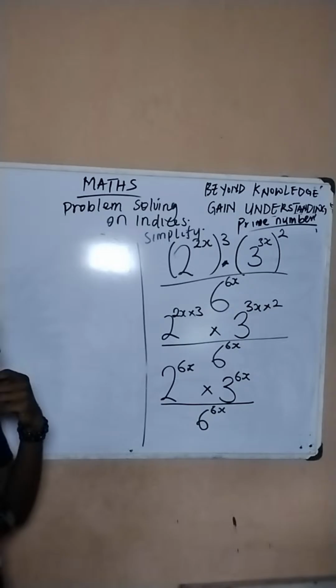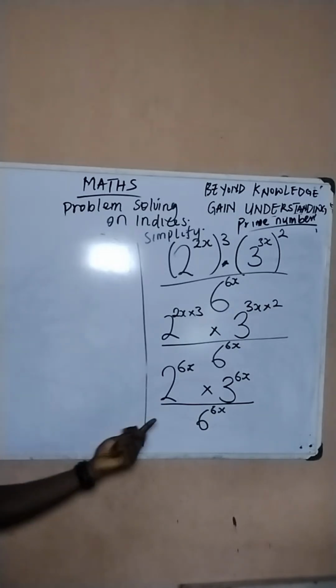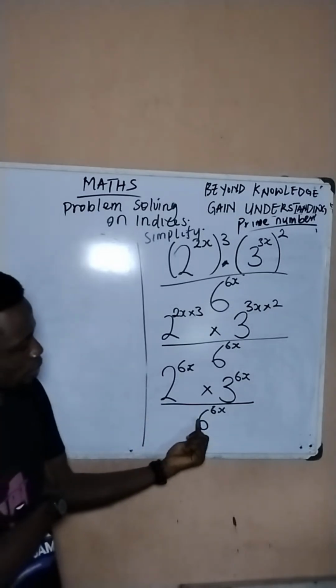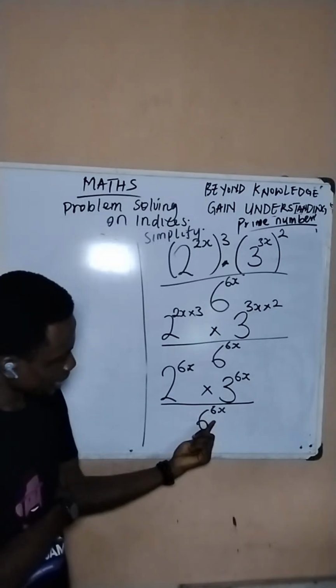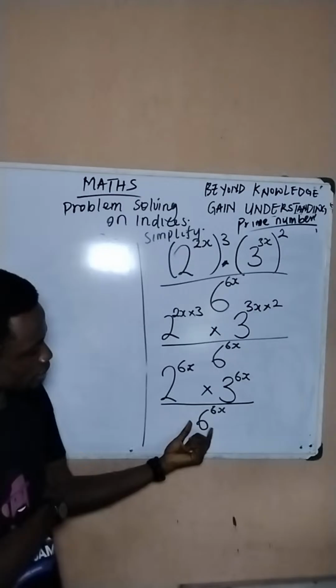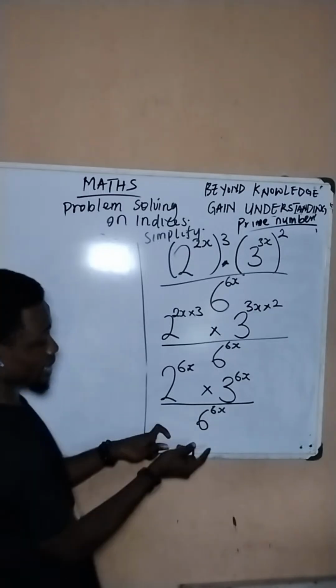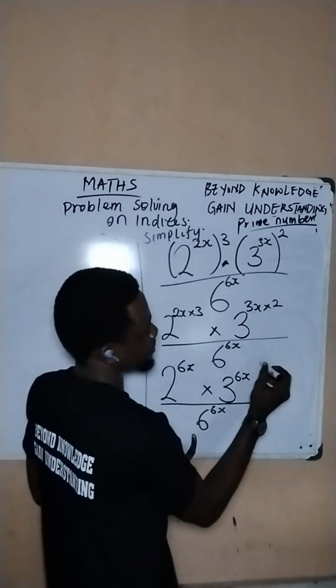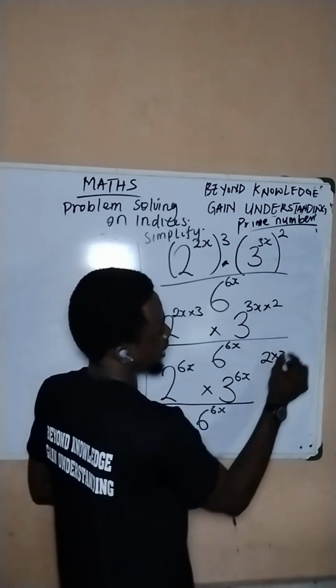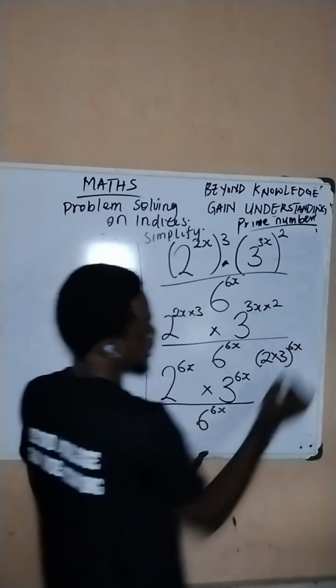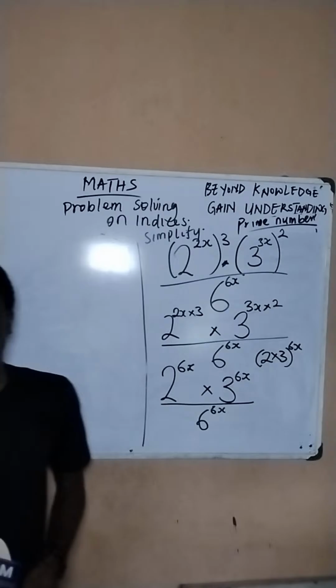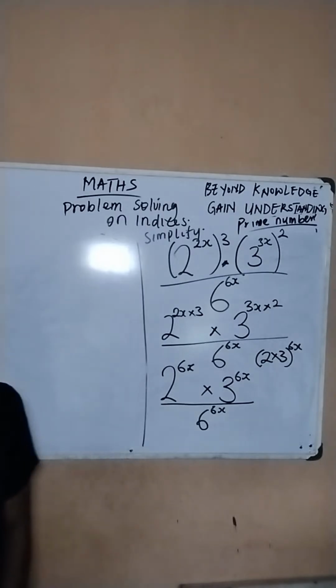Well, since we have 6 raised to the power of 6x here, I can decide to separate this 6. This 6 as the base can be the same thing as 2 times 3, then everything raised to the power of 6x. I can do that because I know that 2 times 3 will give me 6.